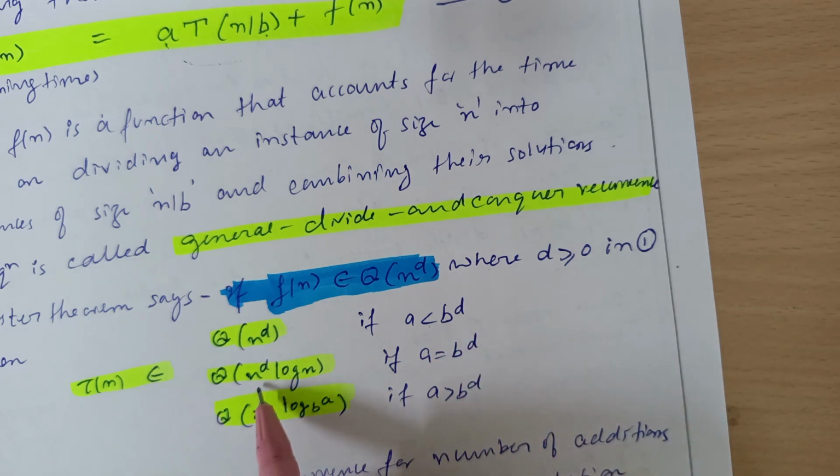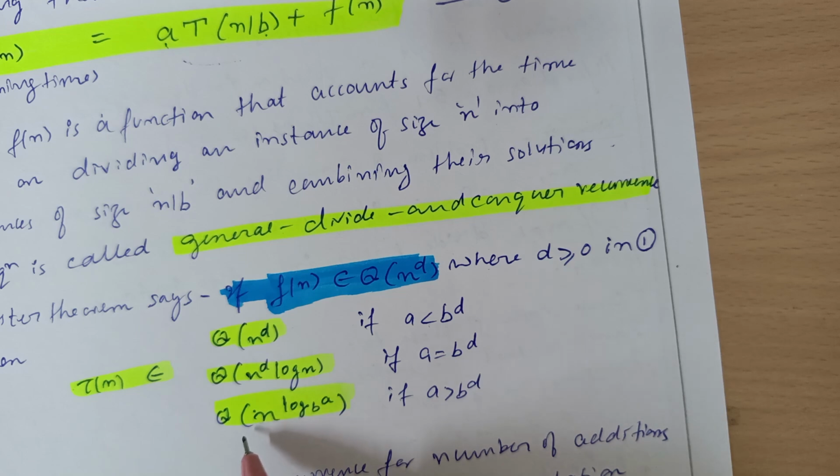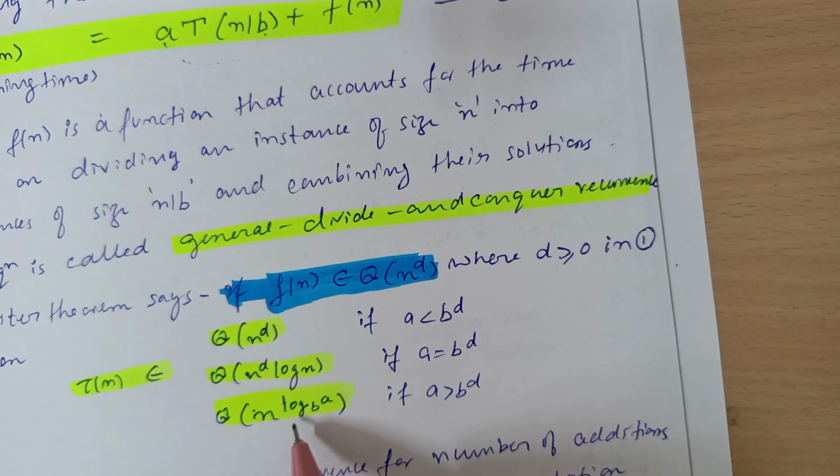It is theta n to the power d log n if a is equal to b to the power d. In the last case, T of n belongs to theta n to the power log a base b if a is greater than b to the power d.